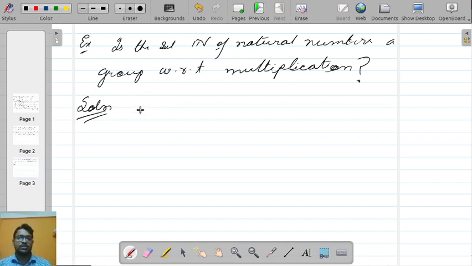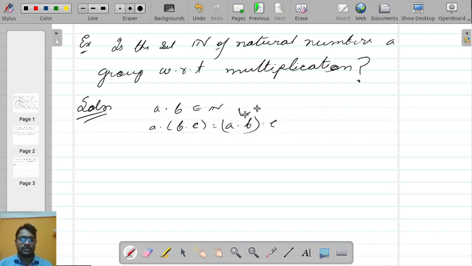So you see here many of the properties are satisfied. If I take two natural numbers, their product is a natural number. It satisfies the associative property, since multiplication of numbers is always associative. Identity is also satisfied: 1 into a equals a into 1 for all a.